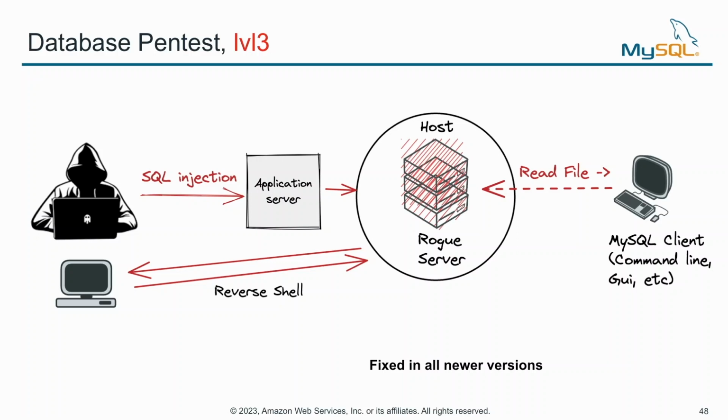And whenever a MySQL client connects to it, the rogue server can read an arbitrary file from the MySQL client side. So this is actually the DBA, or whoever connects to the MySQL. And if a bad actor controls the server, gets a shell access, even an unprivileged shell, they can replace it with a rogue server and trick the client to give an arbitrary file.